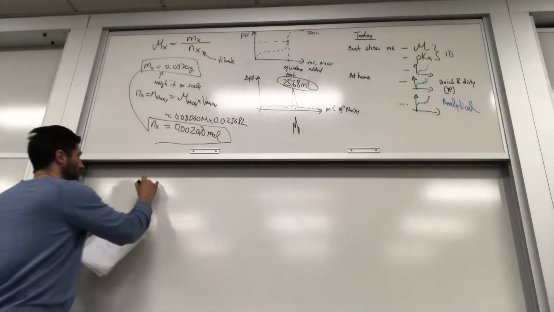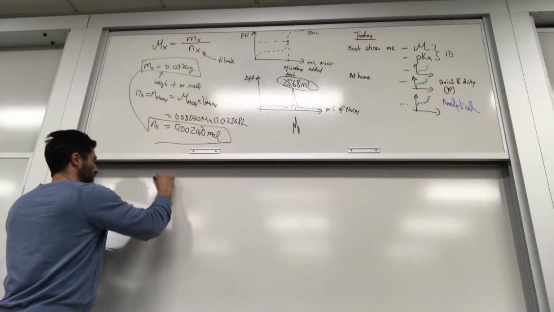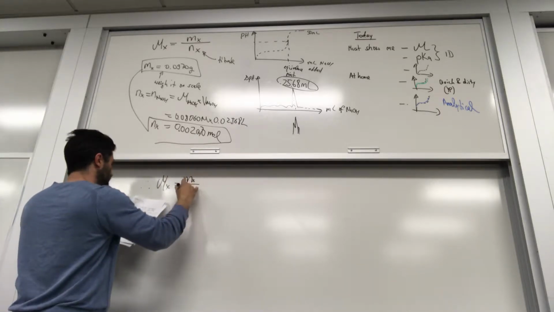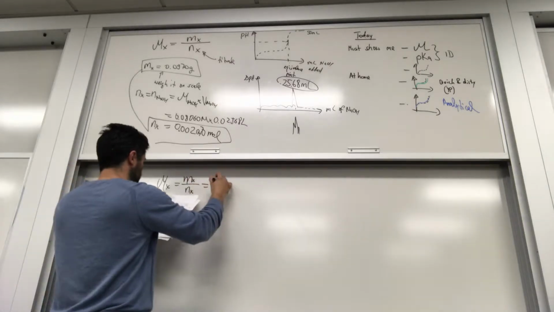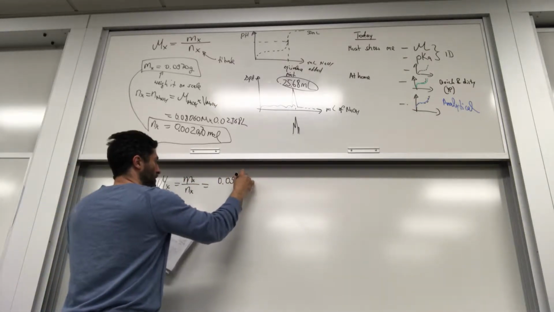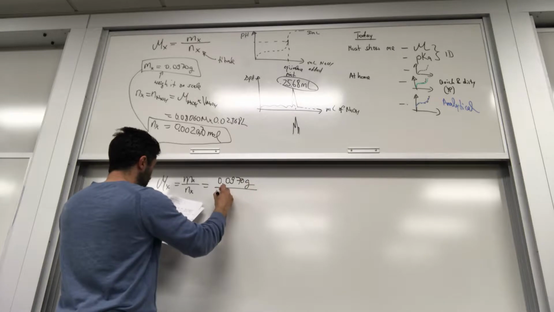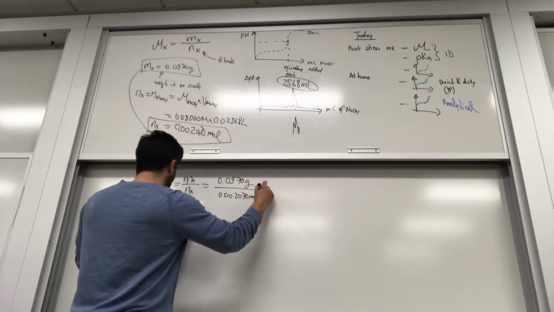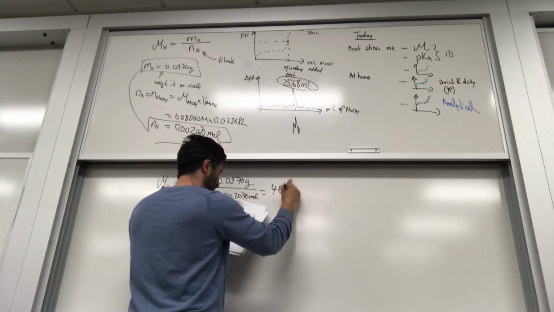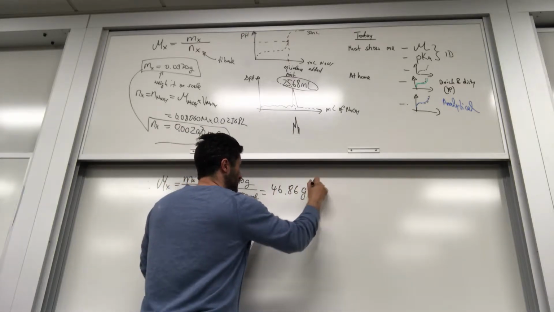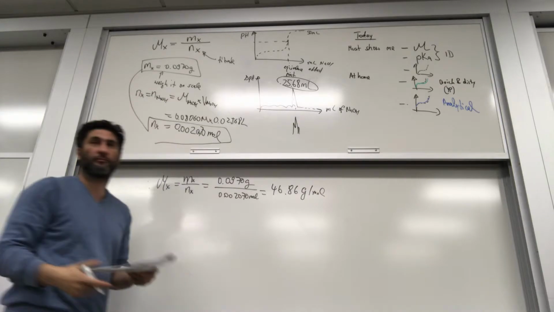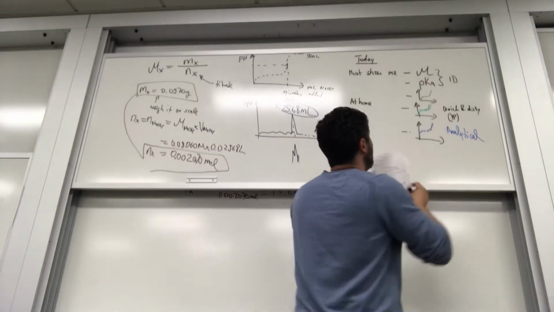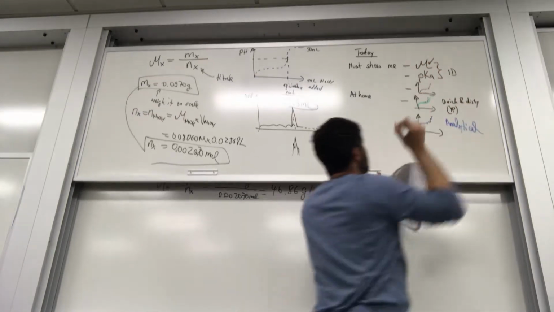Well, if I do, then my molar mass of my acid is just the mass of the acid divided by the moles of the acid. In this case, it's 46.86 grams per mole. So you got the molar mass of our acid.